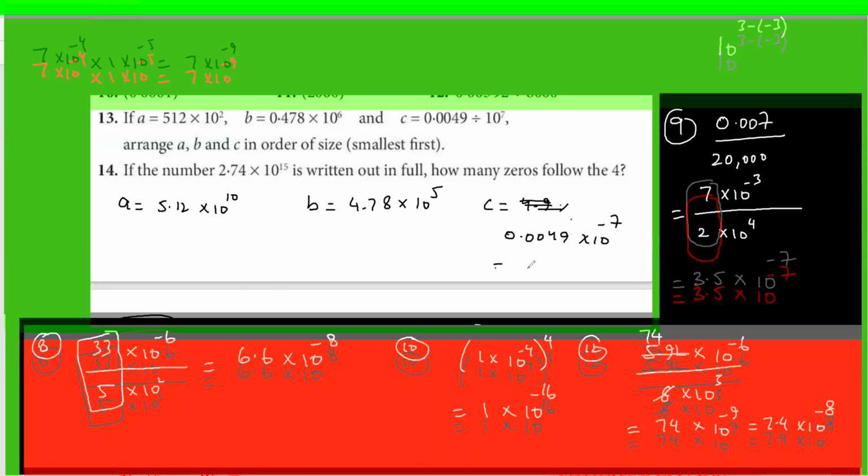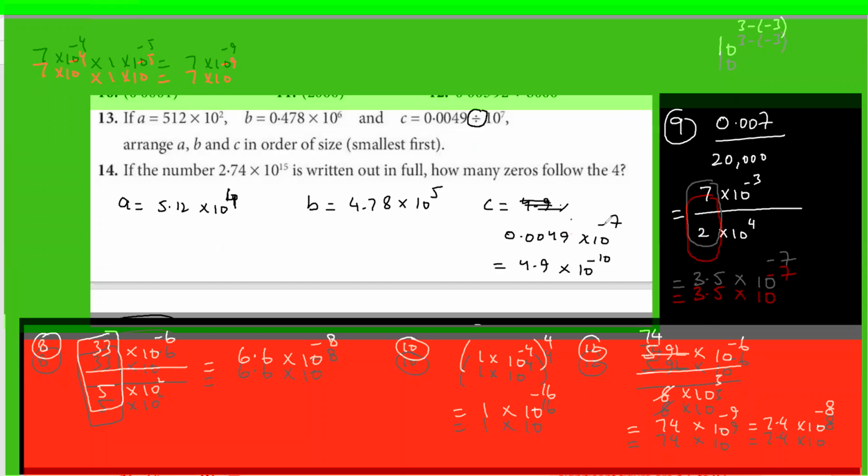Look at this. And then this would become 4.9. This goes up, this further goes down. Oh, this is such a small number. So the smallest of them is the C. Then you have the A, and the biggest one is the B. So you had to see there was a division sign over here. When you change the division sign into multiplication, this would become 10 raised to power minus 7.